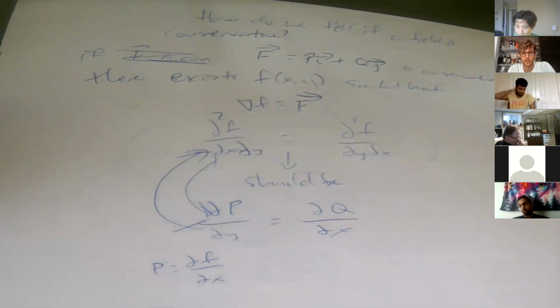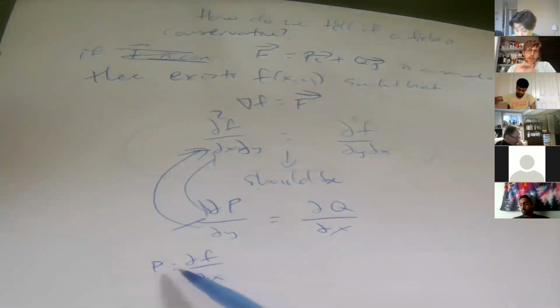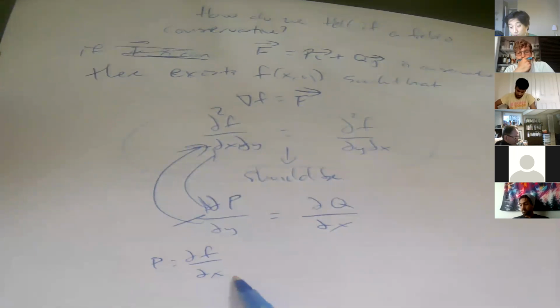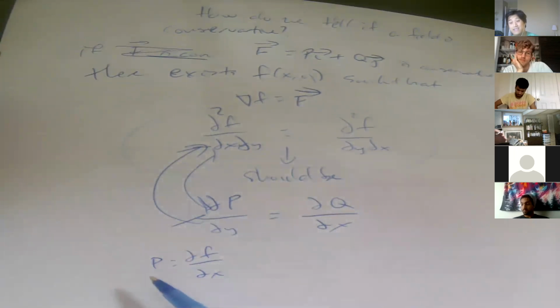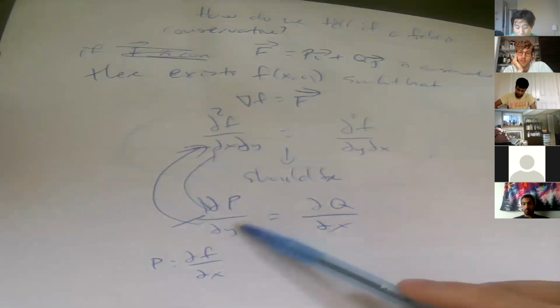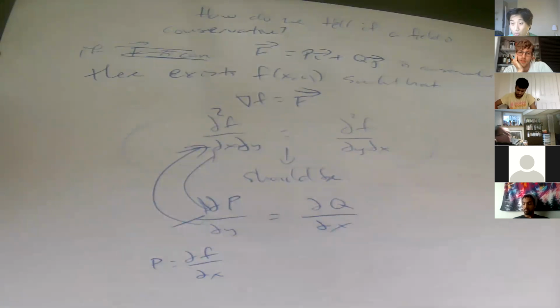Okay, so P is a function, right? So this is what P is. It's a derivative of f with respect to x. But there could be y's and z's in here, well, there's no z's in here, but there could be y's in here, right? So P is a function of multiple variables, x's and y's. So it makes perfect sense to be able to take the derivative of P with respect to y. P is a function of y, is it not? Yeah, it is. I think I'm just confused on how the second derivative of f over dx dy is equal to dP/dy.